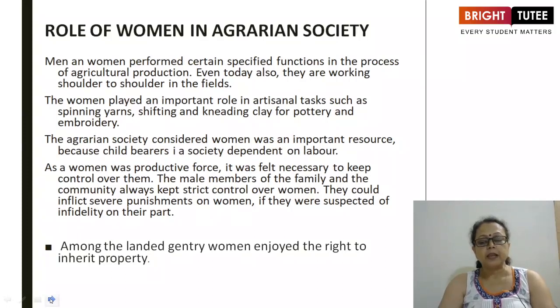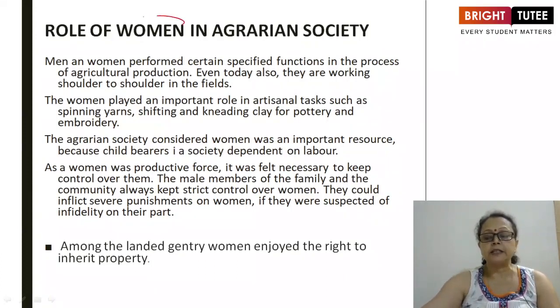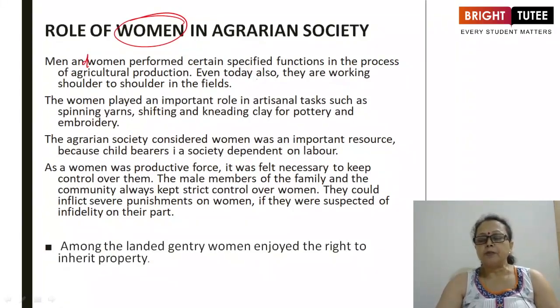Next is the role of women in agrarian society. Men and women performed certain specified functions in the process of agricultural production. Even today they work shoulder to shoulder in the fields. This way, women's contribution is there in rural society.